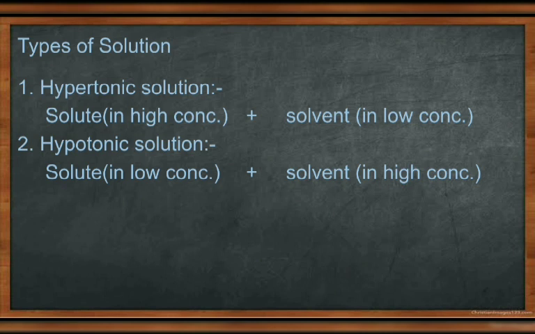So in that case, the solute, that is raisin, and solvent, that is water. The level of solvent, it means water, is higher, and solute, that is raisin, is lower. So that is called hypotonic solution.